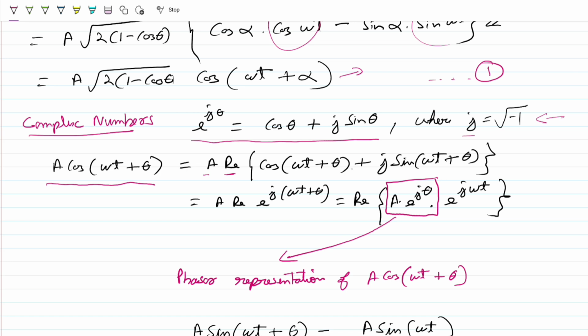Because this is a complex number, the imaginary part is sin omega t plus theta and the real part is cos omega t plus theta. We take the real part of this and we get a cos omega t plus theta. And using Euler's formula, this whole expression can be written as the real part of a times e to the power j of omega t plus theta, and this can be simplified as the real part of a times e to the power j theta times e to the power j omega t.